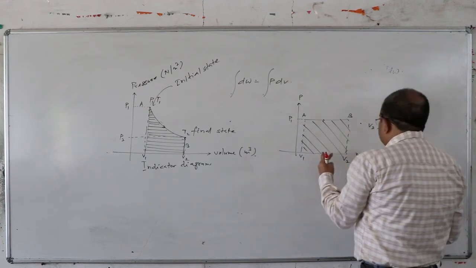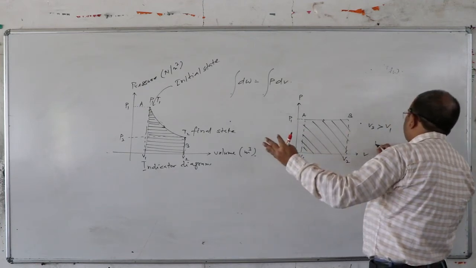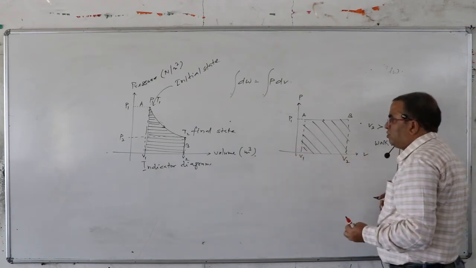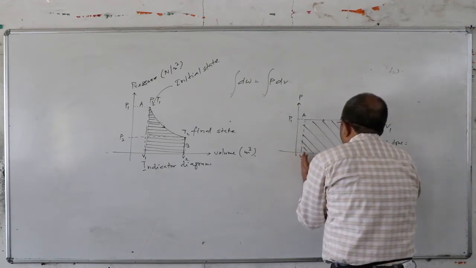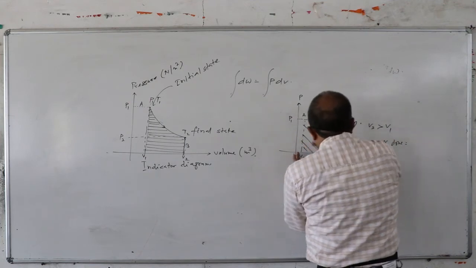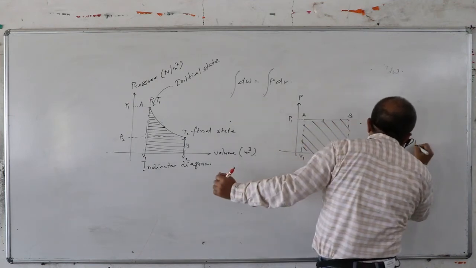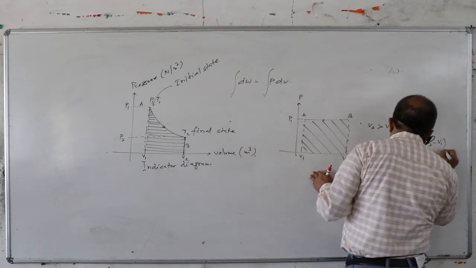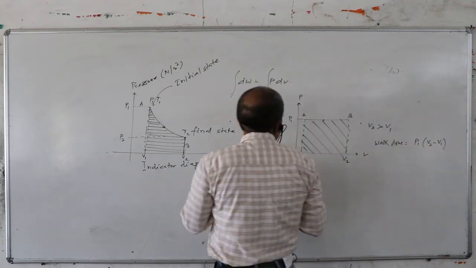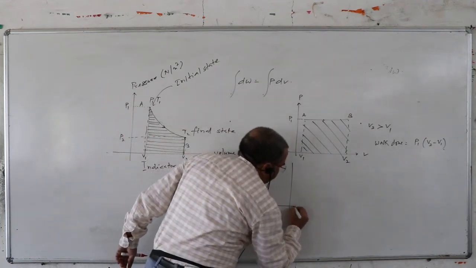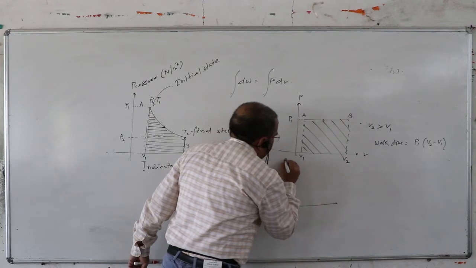The work done by the gas in this case will be length into breadth. Height is P1, and the base is V2 minus V1. So this will be P1 into V2 minus V1. What a simple thing. So we can find out the work done in that case. Let us draw one more thing. Say this is P.